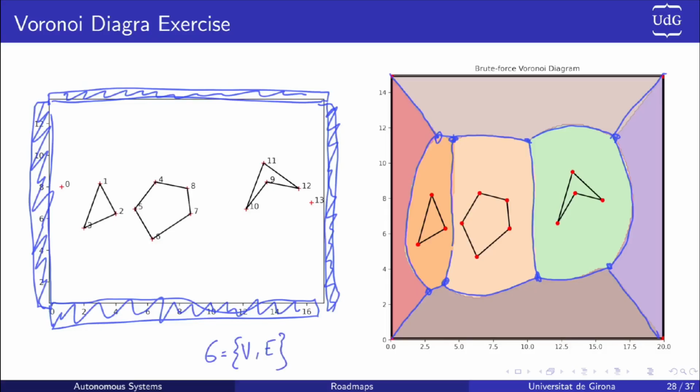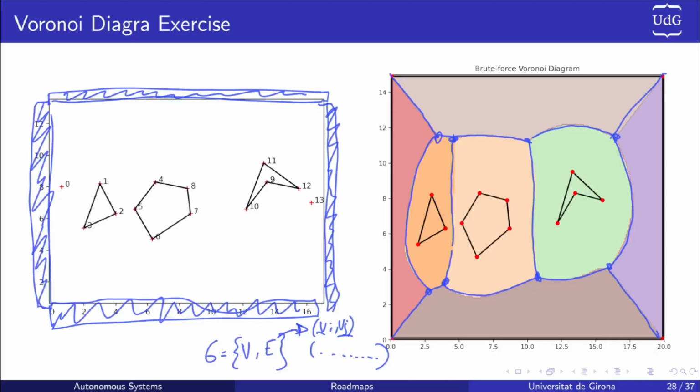Nobody tells you that this edge has to be defined as just a pair Vi, Vj. You can define that as a list of points. An edge can be a list of points that connects Vi with Vj. It's true, but that explains to you exactly the path that you have to follow to reach Vj from Vi or Vi from Vj, whatever. Then you can still use a graph. The only thing is that the representation of this graph will be slightly different.